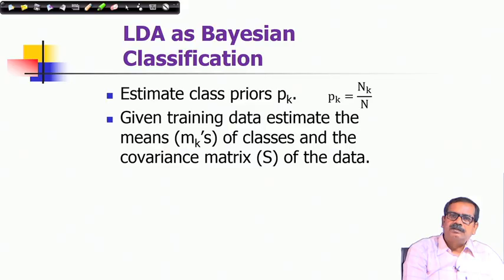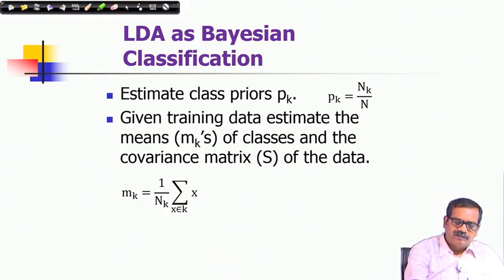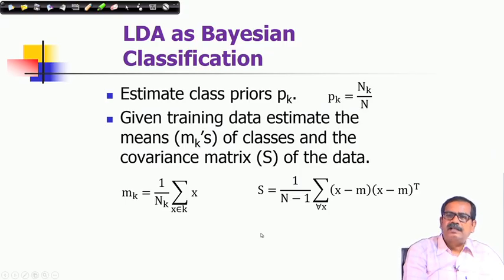Then given training data, estimate the means of classes and the covariance matrix of the data, where m k is the mean of samples in class k, and covariance can be computed from the whole data.